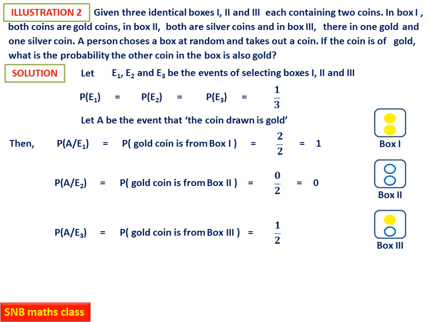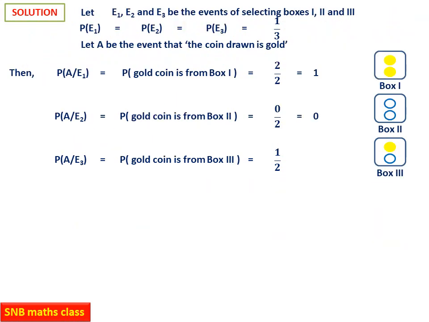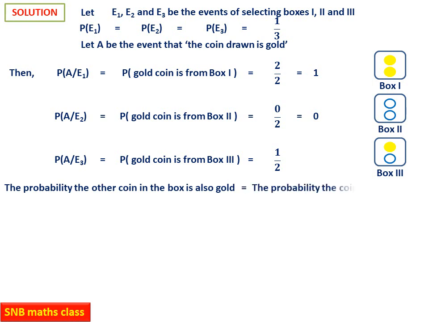So we have got all the information, E1, E2, E3 and their probability, and the conditional probability A given E1, A given E2 and A given E3. What you have to do is, we have to find the probability that the other coin in the box is also gold, which is equal to the probability the coin is from box 1.